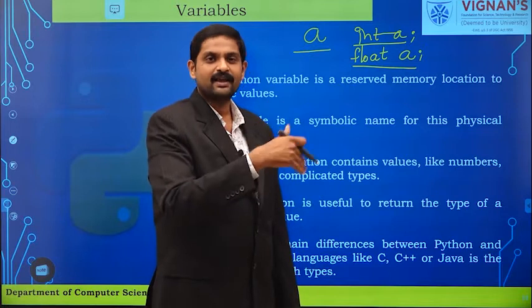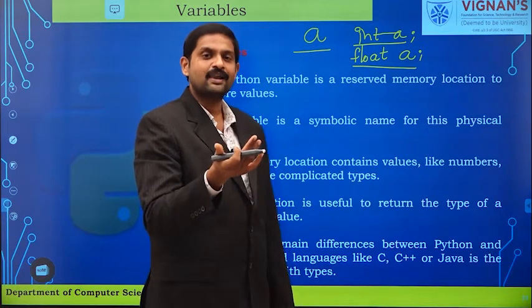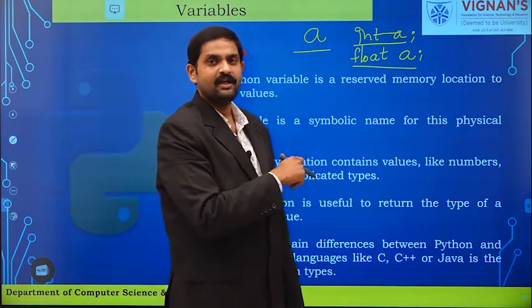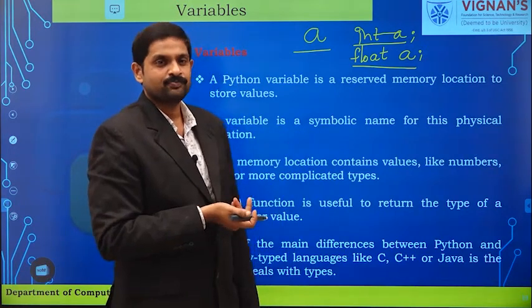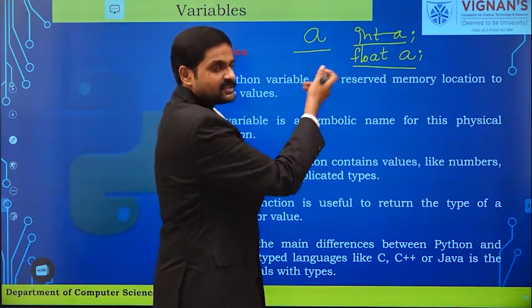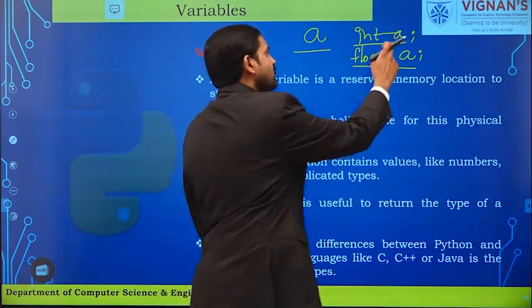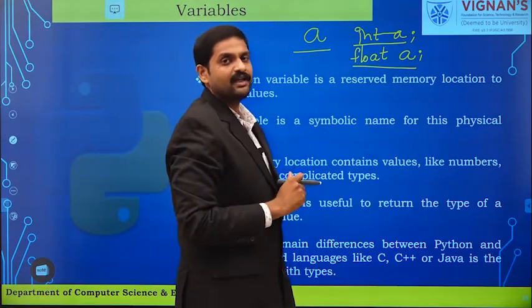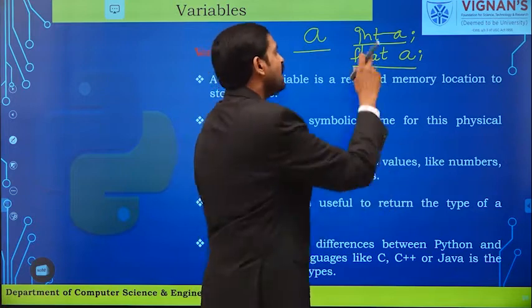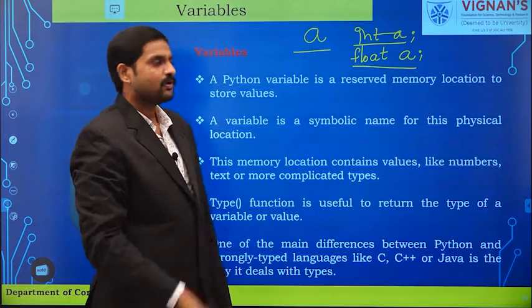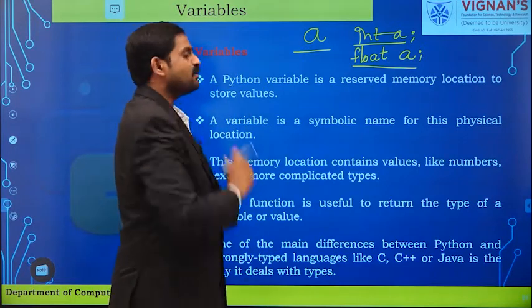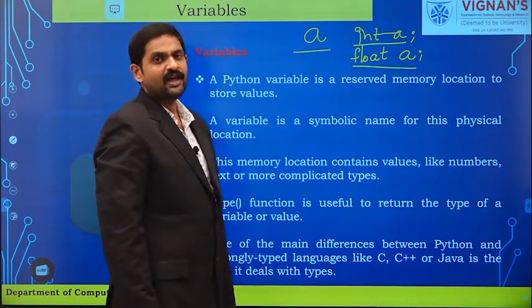Dynamically, the type of the value will be changed in Python. That is the beauty of Python programming. But in C, C++, once a variable is declared under one type, it allows only that type of values.